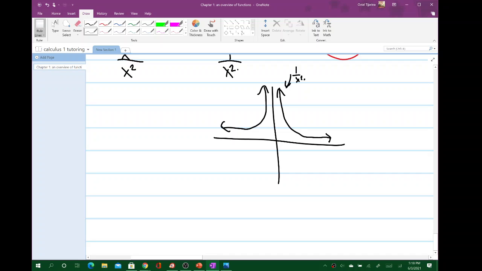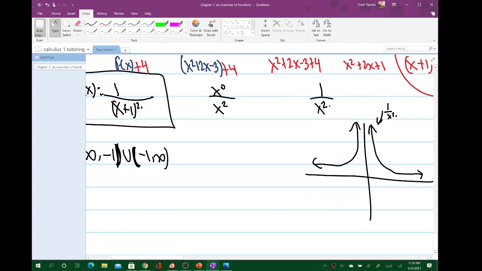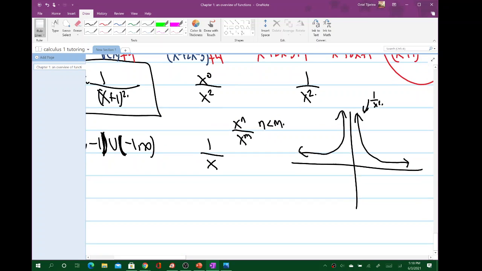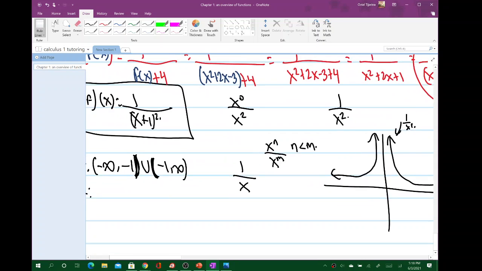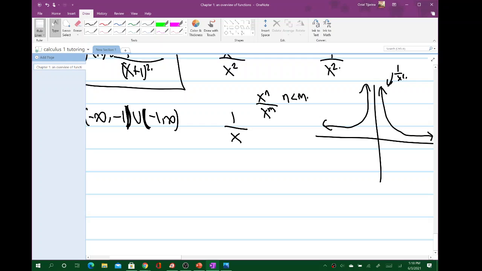Or you can also do, I'm trying to think. Anytime you have x to the n over x to the m and n is less than m, then you can say that it's the horizontal asymptote, or rather that there is no horizontal asymptote.